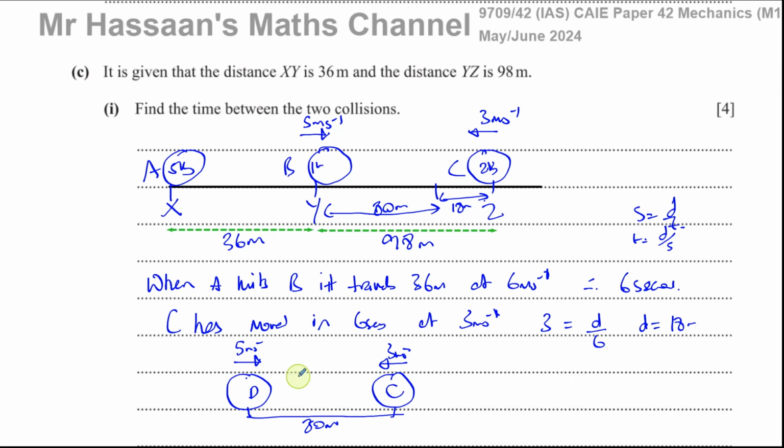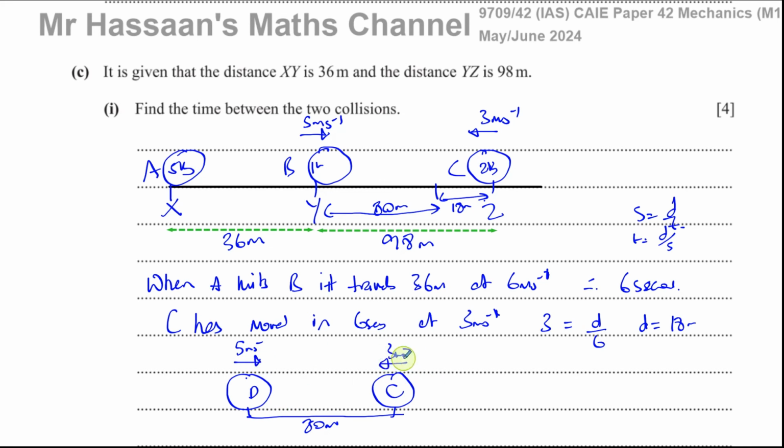Okay, so basically, this is going to travel further than this. There's going to be a proportion between them. So the total distance they're going to travel is going to be 80 meters. So if you split 80 in the ratio of 5 to 3, because they're proportional, then this will be 5 over 8 times 80.